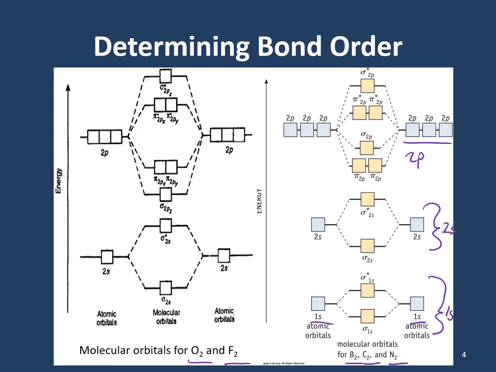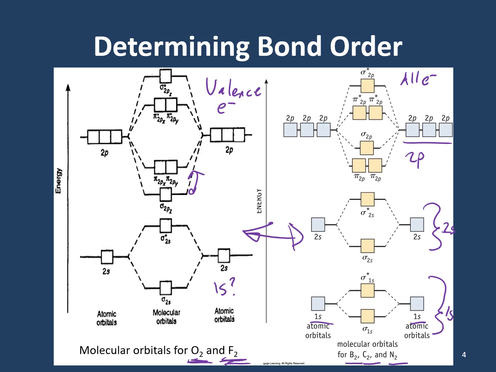The difference between this diagram and this diagram is that, one, we're dealing with oxygen and fluorine here, so these 2 flip-flopped. But in addition, you notice that there's no 1s. This is because we're only doing the valence shell here. And this is all electrons.